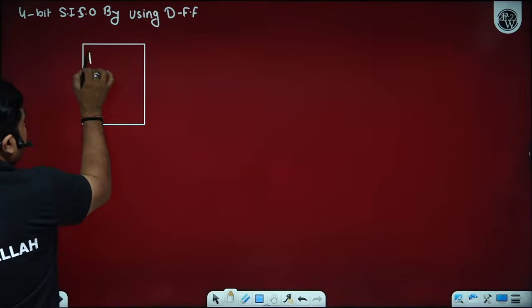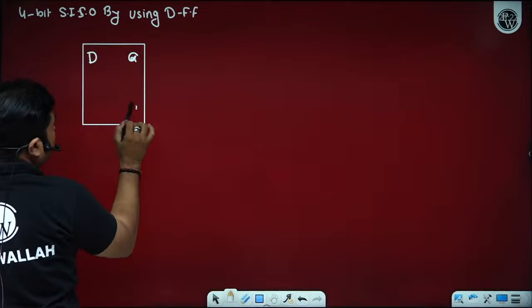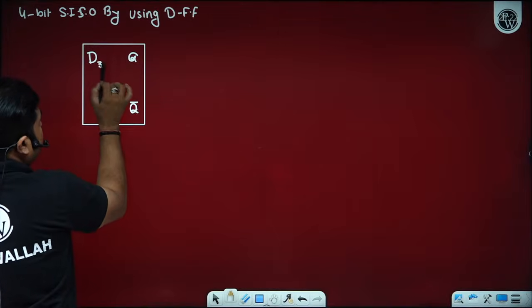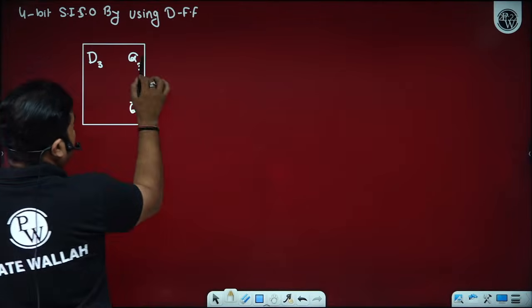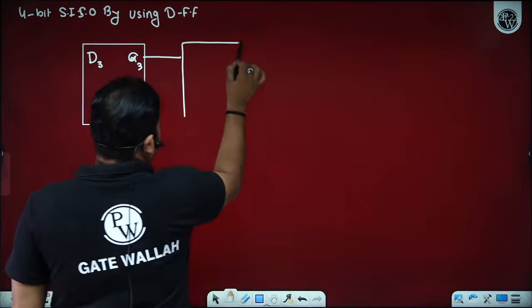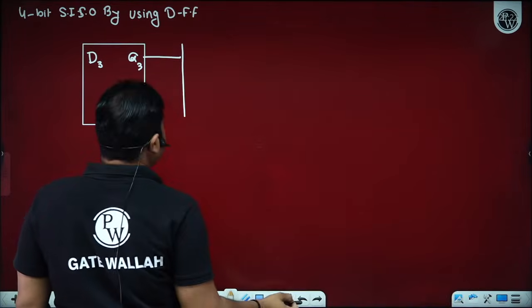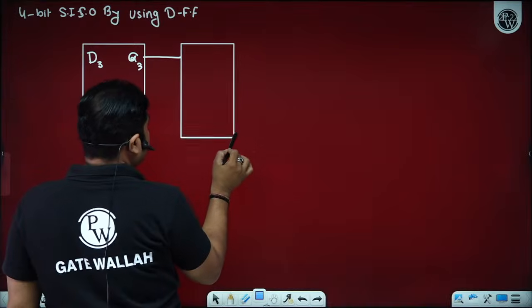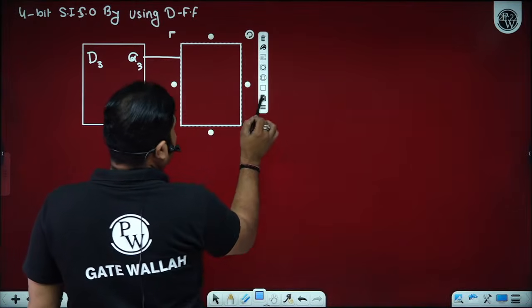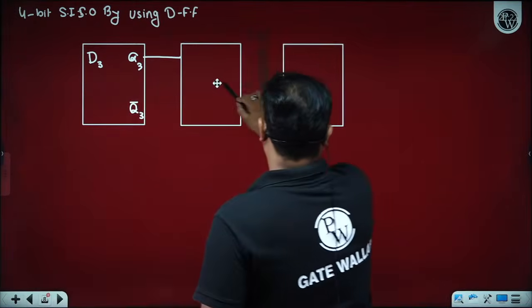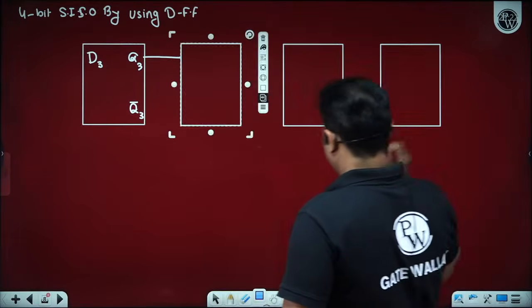So if we are using D flip-flops, then D, Q, Q bar, of course this is your D3, Q3, Q3 bar, and then again we have a D flip-flop. 1, 2, 3, 4. So can I represent like this?